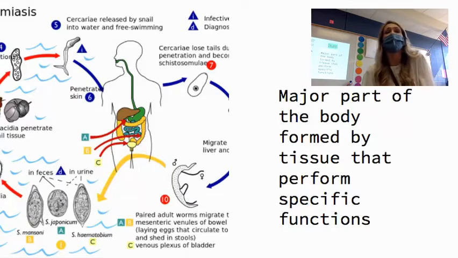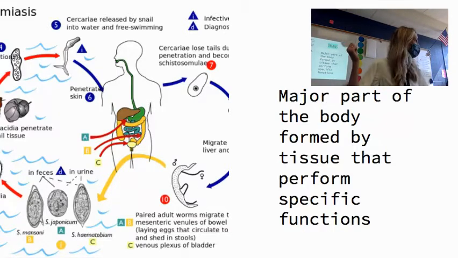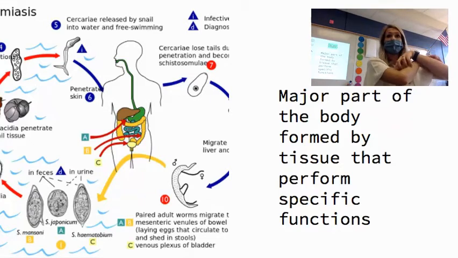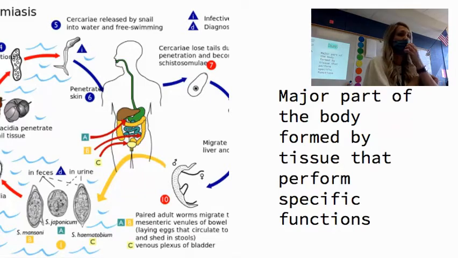If an organ starts not working, it starts to not function, you could have some problems. So organs, it's just a group of tissues. They come together and they have a job to do. Your skin, does it have a job? Yes. It's an organ. It's your largest organ on your body. We're going to learn more about it, but it has a function, okay? It has a job. It keeps you protected. It keeps everything in. It keeps you warm. If it's not working, there are going to be issues.